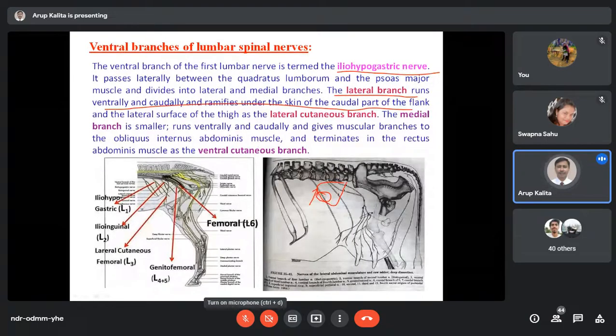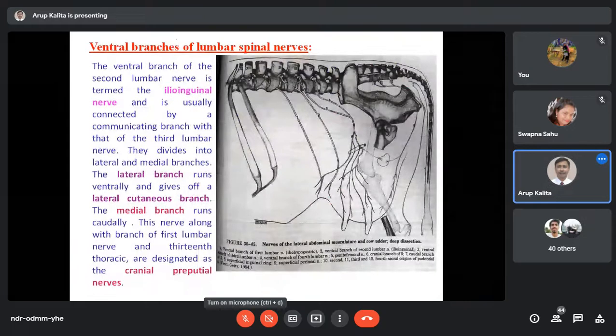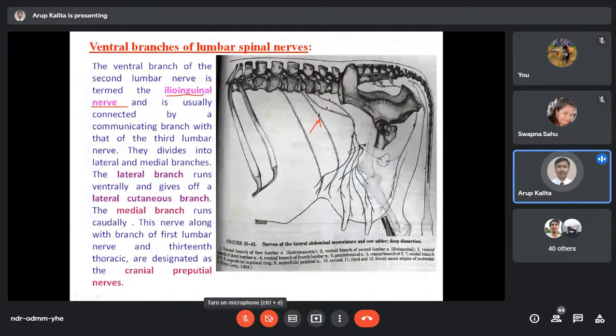So you have to remember the first ventral lumbar spinal nerve is called iliohypogastric. The second lumbar spinal nerve is known as the ilioinguinal nerve. Ilioinguinal also supplies this region, the ventral part of the abdomen.